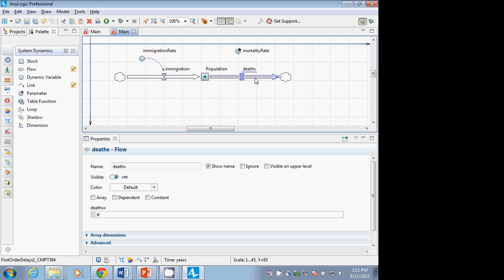What would the number of people be on average on a per year basis who die? Anyone? Yeah, 100. Where does that 100 come from? That's right. So 10%, so that's 0.10 times 1,000, right?